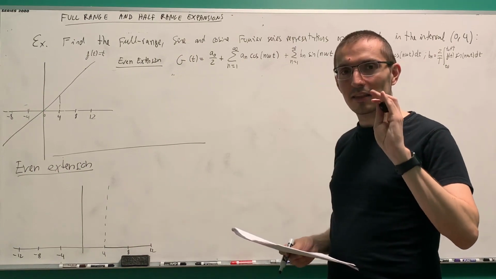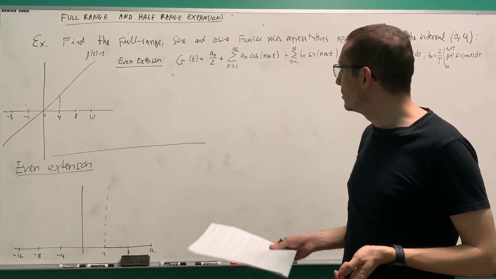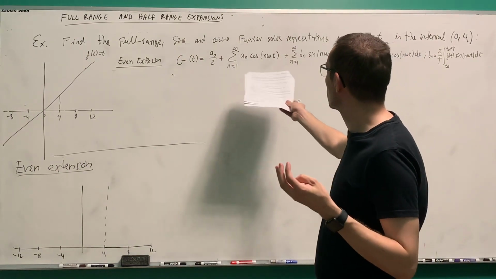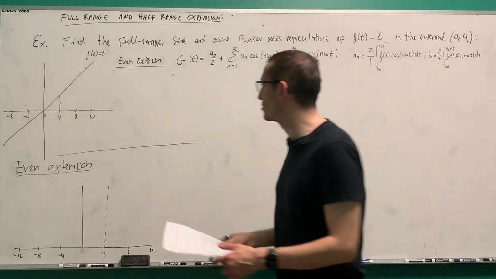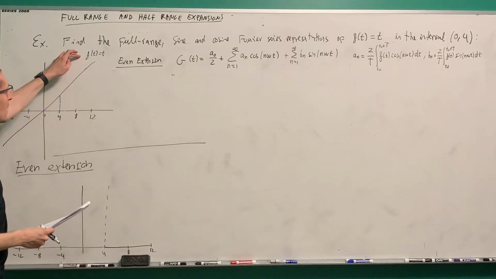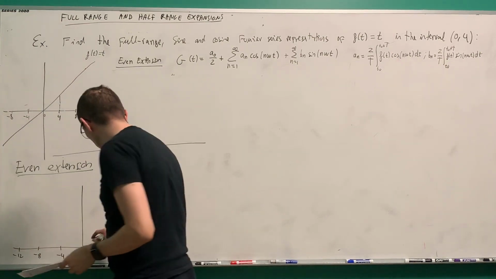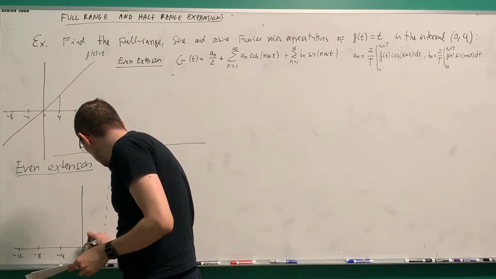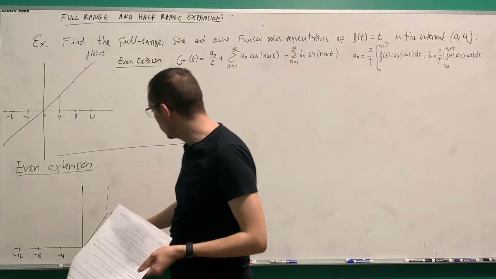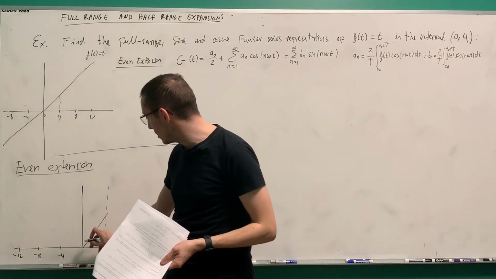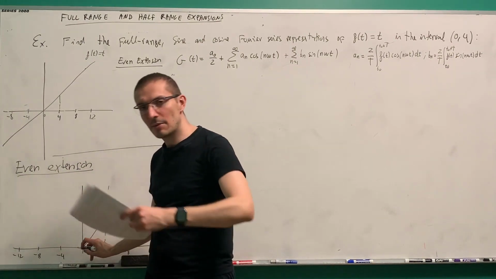The first thing that we need to do to compute the cosine series representation is to compute the even extension of the function. Remember, the function is f of t equals t. From 0 to 4 it is the same function, f of t equals t. But now we need the even extension, so I need to extend to the other side of the axis of symmetry, getting the same value at both sides.